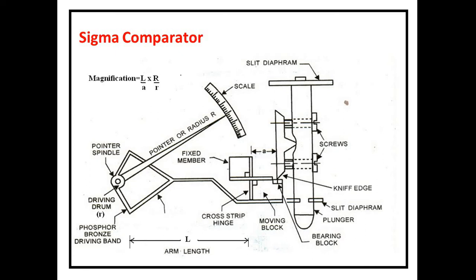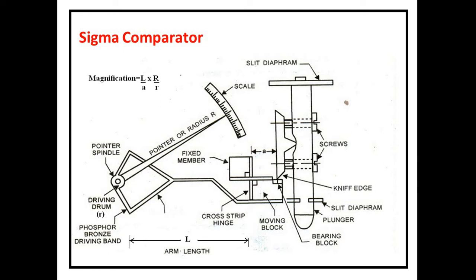So whatever movement is taking place at this Y arm is transferred to this drum through the phosphor bronze driving band, and the movement at this driving drum is again transferred to the pointer. So this pointer will swing in this fashion, either clockwise or anti-clockwise, depending upon the amount of movement, that is, the dimensional difference between the master component and the actual component, and that is displayed on this scale.